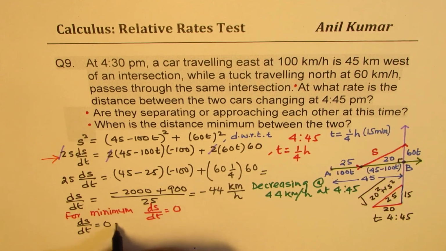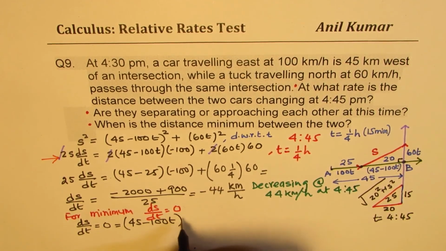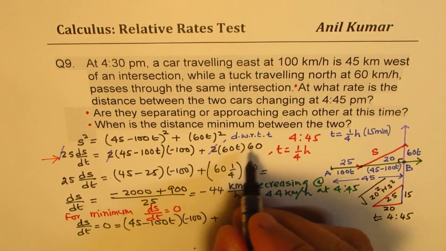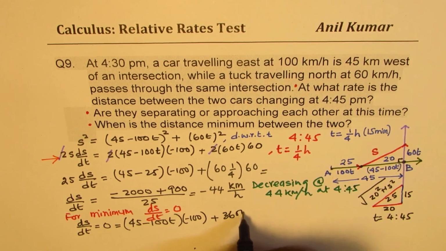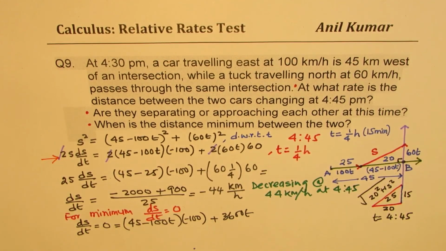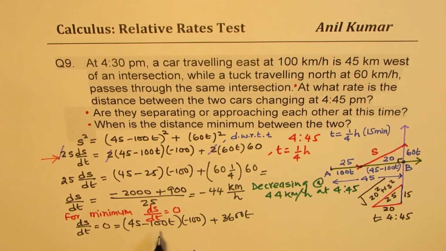That means (45 minus 100t) times minus 100, plus 3600t, should be equal to 0. Correct? That is what it means. So from here we can find the time when the distance is minimum between the two.